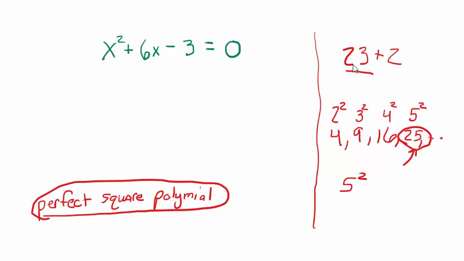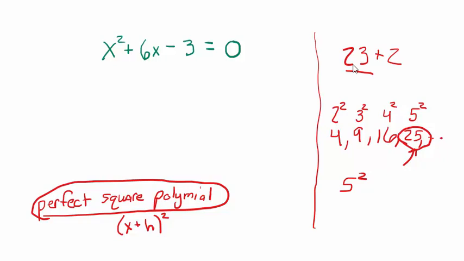A perfect square polynomial would be a polynomial that can be represented as some binomial squared. So something like this. And this may not make sense right now, but once we get to doing this problem, it'll hopefully make a little more sense.